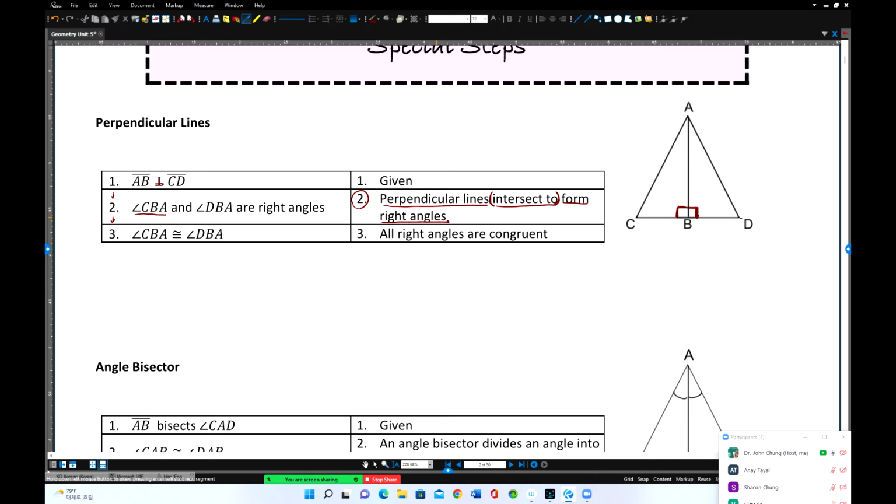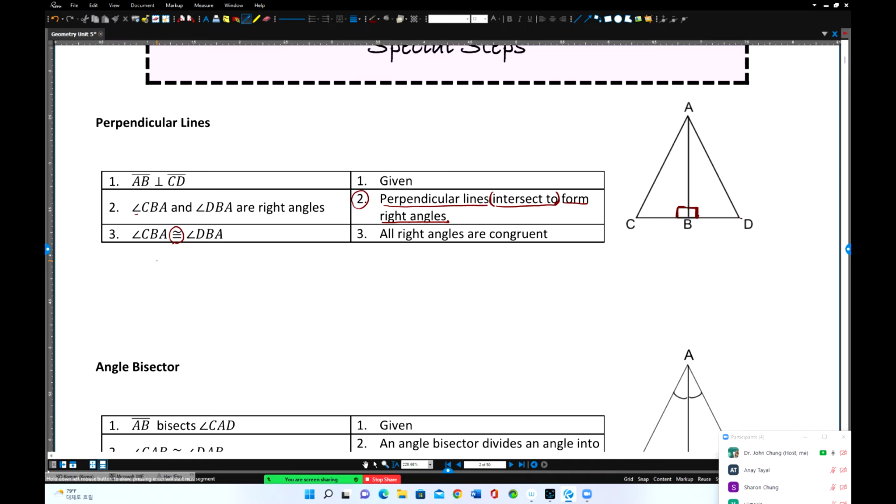That's the reason, because they are perpendicular lines. After that, always these two angles are right angles. That's why these two angles are congruent. Congruent: same measure, same magnitude.